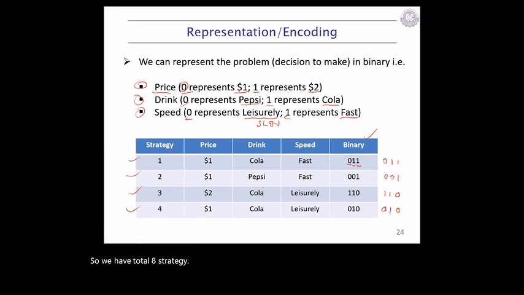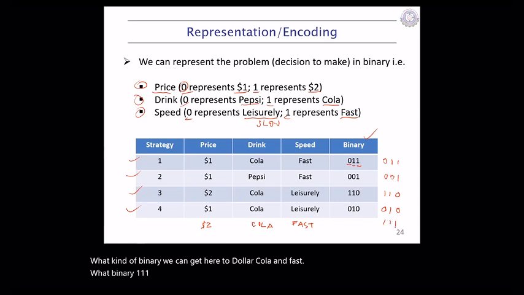Right? So for example, here $2, with the cola, with the fast. What kind of binary can we get here from $2, cola, and fast? What binary? 111.